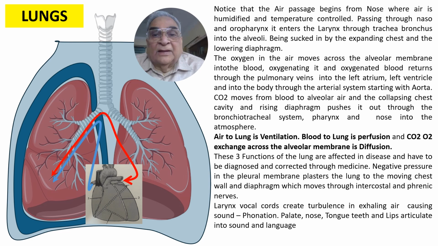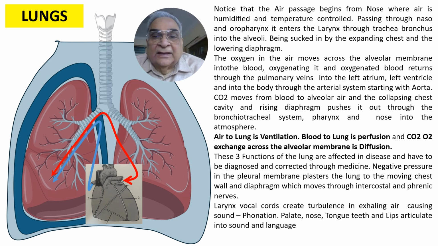Notice that the air passage begins from the nose, where air is humidified and temperature controlled. Passing through the nose and the oropharynx, it enters the larynx, through the trachea and bronchus into the alveoli, being sucked in by an expanding chest and the lowering diaphragm.